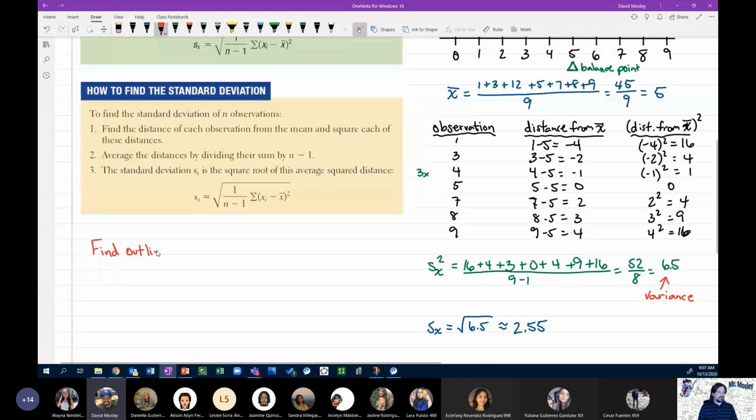One method of using the standard deviation to find outliers is: if something is more than 2 standard deviations away from the mean, we can consider that point an outlier, or those points if there's more than one.